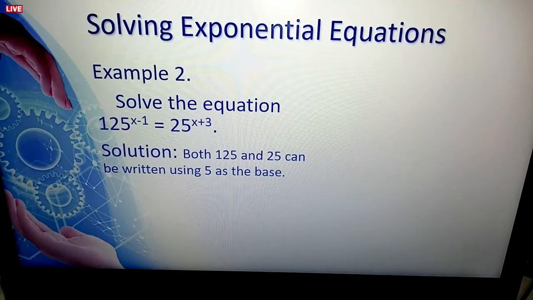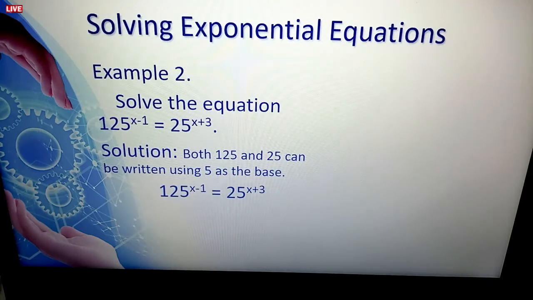Again, using the step-by-step solution, the bases of both sides, 125 and 25, can be written using base 5. Because 125 is the result of 5 raised to 3, or 5 cubed, and 25 is the same as 5 squared. So they now have the same base.